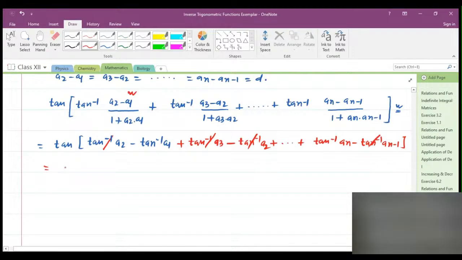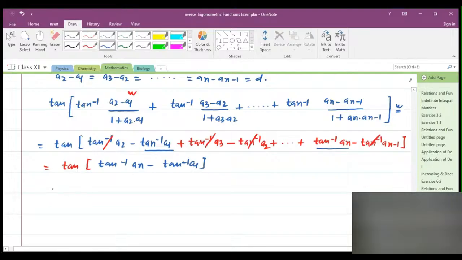Then we write down here first of all tan inverse An minus tan inverse A1.